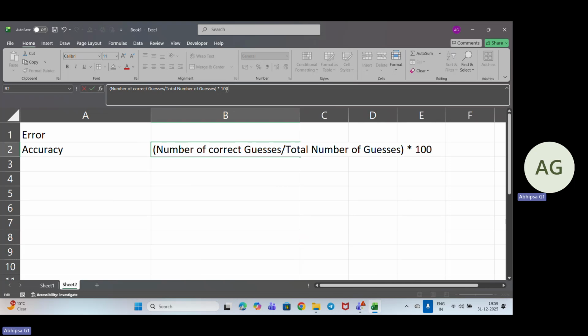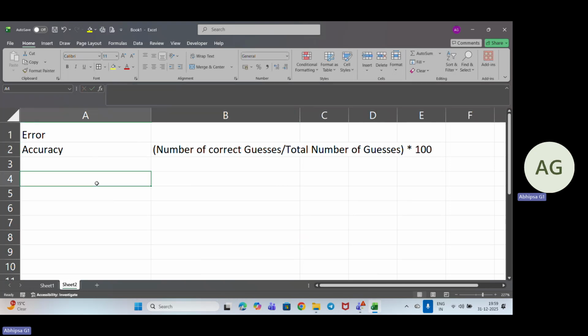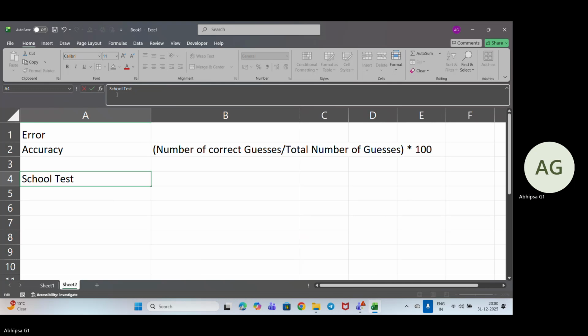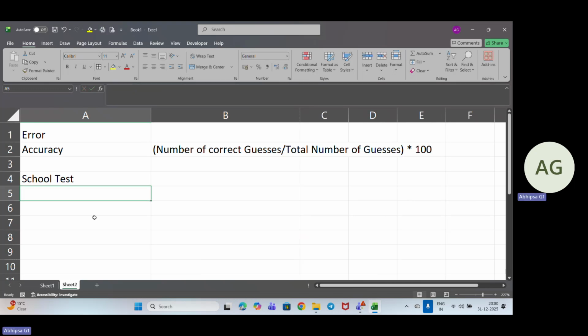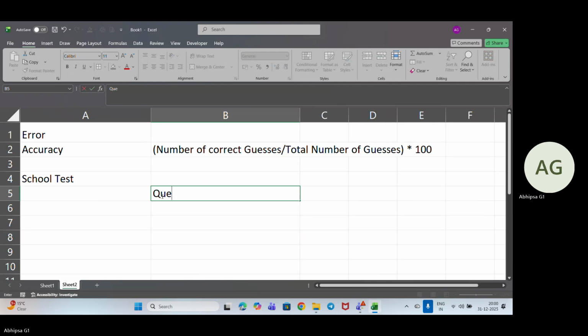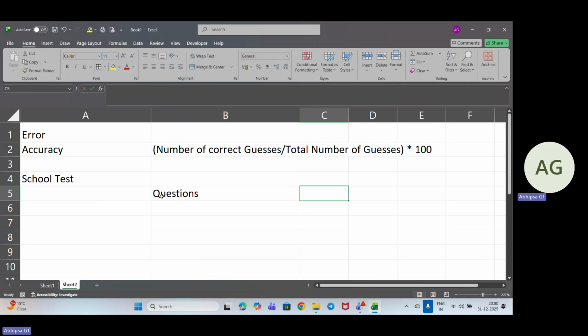Now suppose we take an example of a school test. We have questions, the answer, and whether it is correct or not.